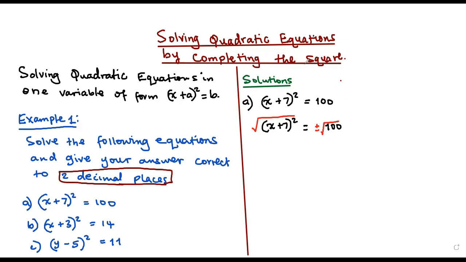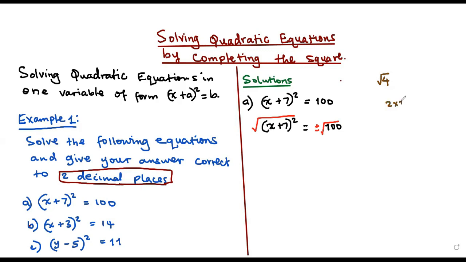Now, why plus or minus? You know that the square root of a number can be positive or negative. Or in other words, it is a positive and a negative. If we have a number like 4, we need to know the square root of 4. The square root of 4 means the number that I can multiply by itself to get 4.